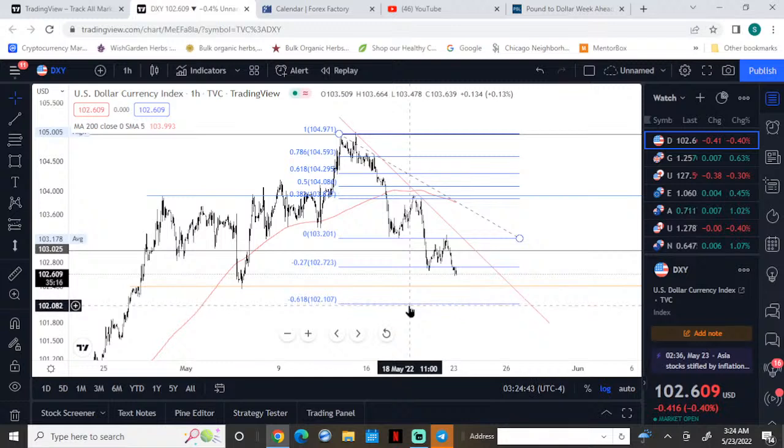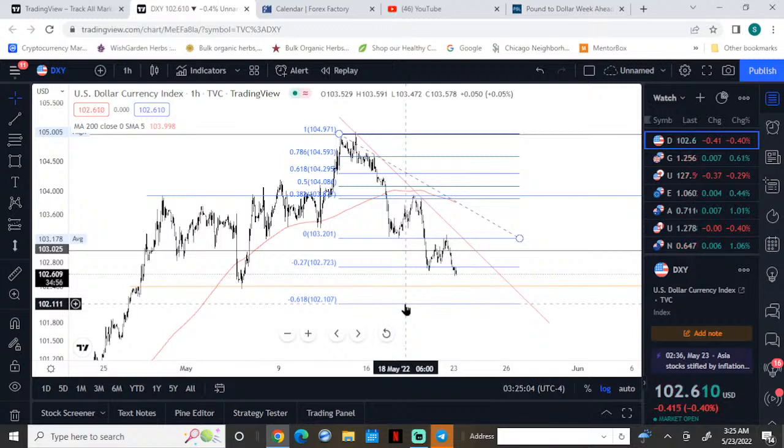So right now I could expect for the dollar to drop to 102.111 because it's already past our negative 27, which would stay in alignment with GBP USD buying because the dollar is selling.